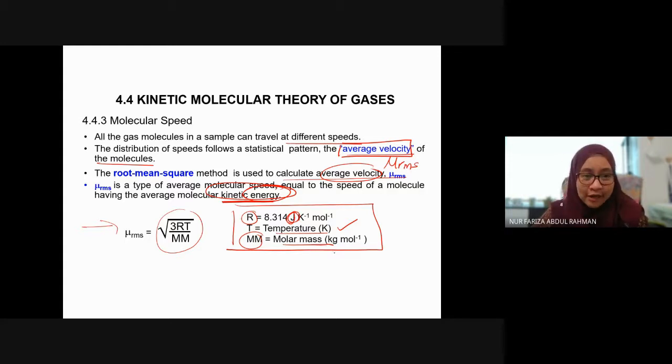Normally we go for gram, and we don't bother about the unit of molar mass, but this time around you have to convert into kilogram. Without the conversion, of course your answer will be wrong. This is the only time we touch the unit of molar mass.